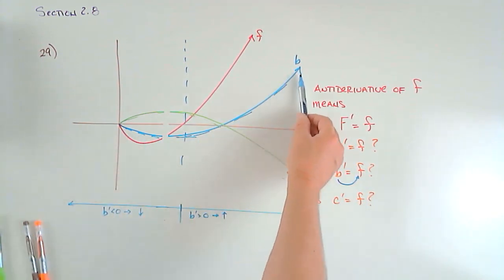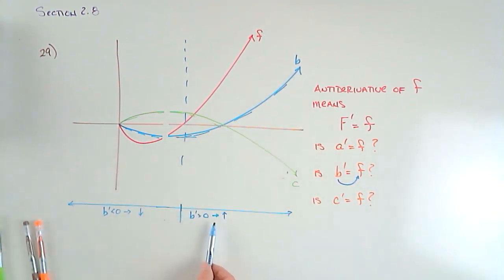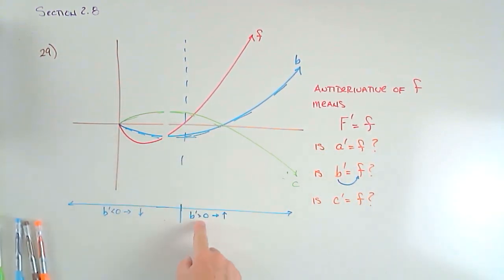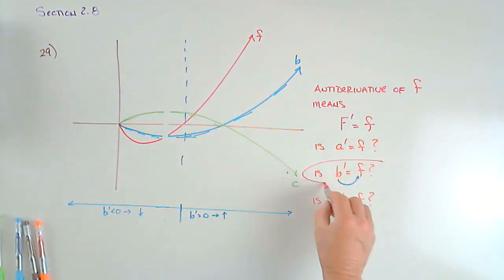The derivative of B is positive here. Now, does F satisfy that condition? Is F negative here? Yes. Is F positive over here? Yes. So the derivative of B equals F, which means B is the antiderivative of F.